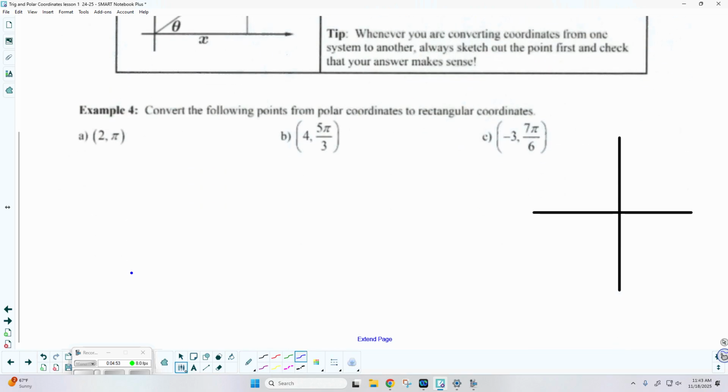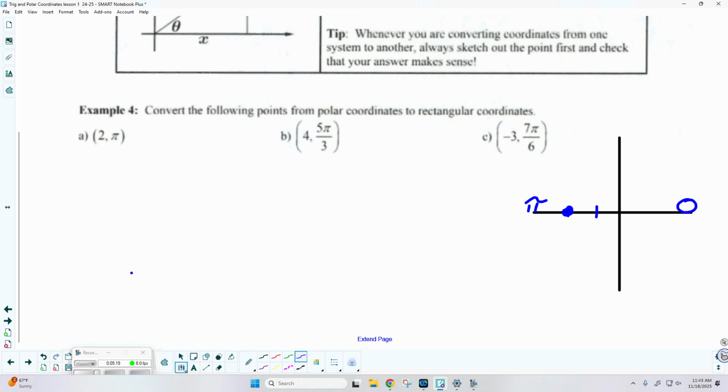Let's take the polar coordinate (2, pi), and let's rewrite it as a rectangular coordinate. Now, one thing about these, you always want to make sure that you're ending up in the same quadrant or the same location. So for this one, let's say we start rotating from 0 radians, we get over to pi. We have a radius of 2, so let's say this is 1 unit, 2 units. So that polar coordinate would be right there.